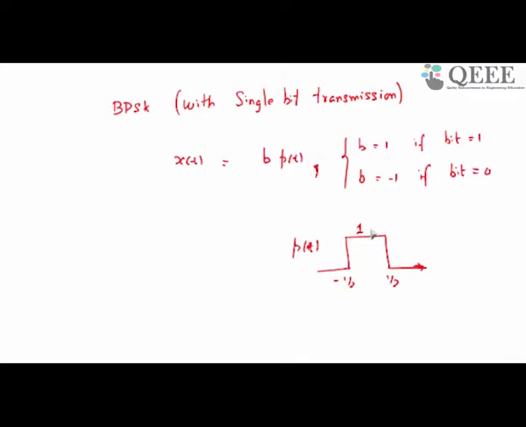I am going to send the symbol value multiplied by this pulse, and that is what you are sending.